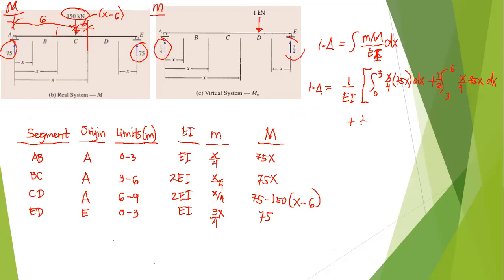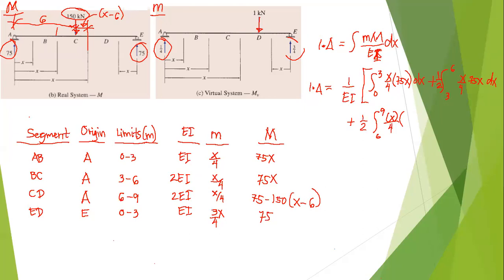We have 1/2 because our EI is 2. Evaluated, our limits would be 6 to 9. Our moment M is x over 4 times 75 minus 150x.